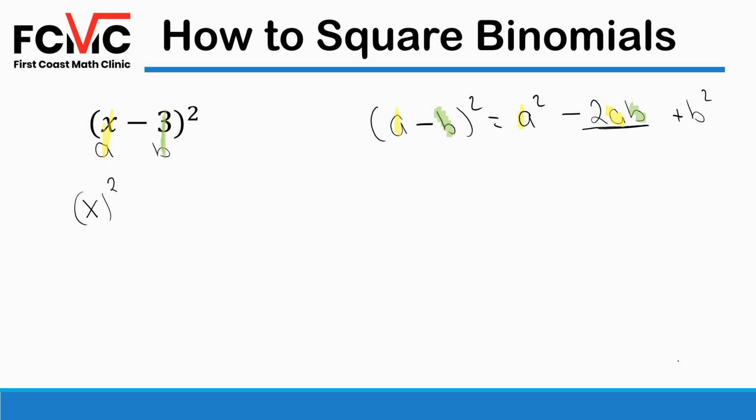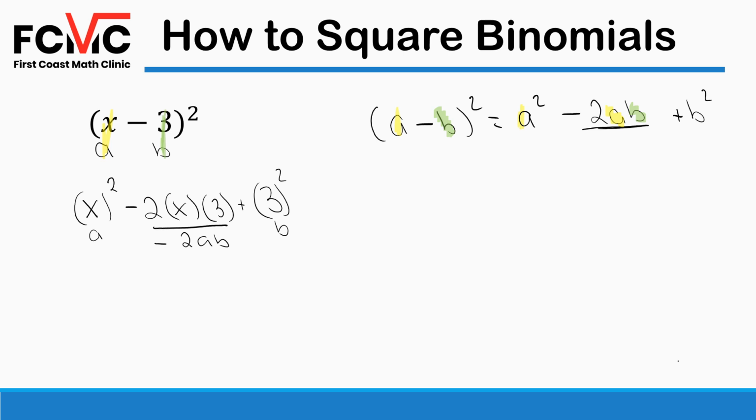Then we're going to square the b value, our last value, so I want 3 squared. This is a, this is b, and I'm going to keep that plus. And then for our middle value, I want minus 2ab, so minus 2 times a, and we know a is x, and we know b is 3.